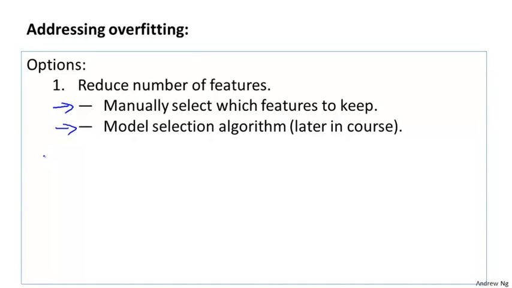This idea of reducing the number of features can work well and can reduce overfitting, and when we talk about model selection, we'll go into this in much greater depth. But the disadvantage is that by throwing away some of the features, you're also throwing away some of the information you have about the problem. For example, maybe all of those features are actually useful for predicting the price of a house, so maybe we don't actually want to throw some of our features away.